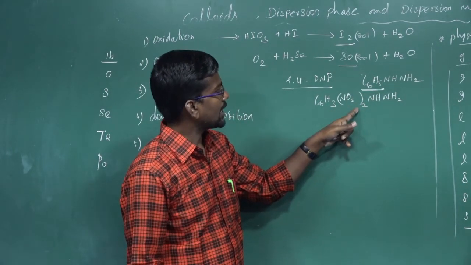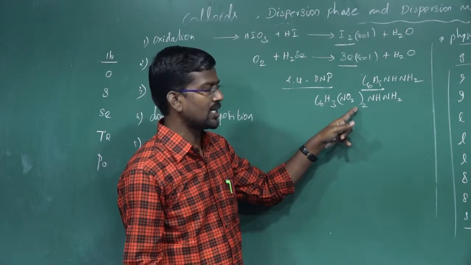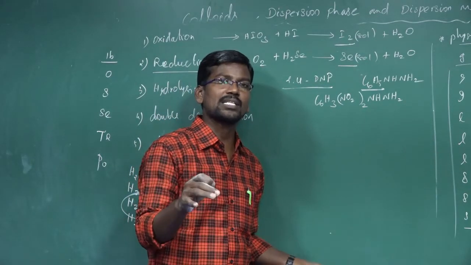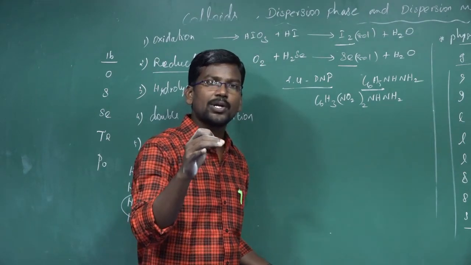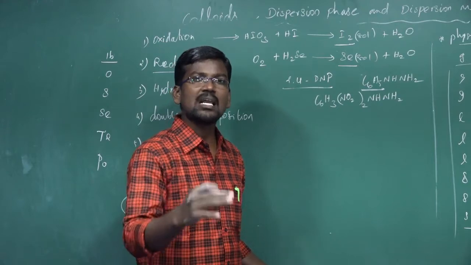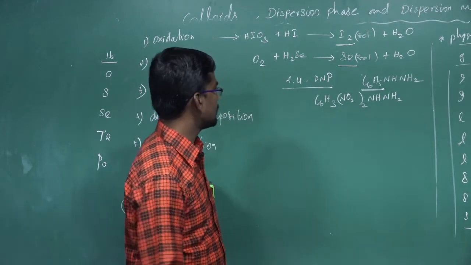2,4-dinitrophenylhydrazine, formaldehyde, acetaldehyde, glucose: those substances are reducing agents. They easily reduce auric chloride to gold sol, and silver nitrate to silver sol.